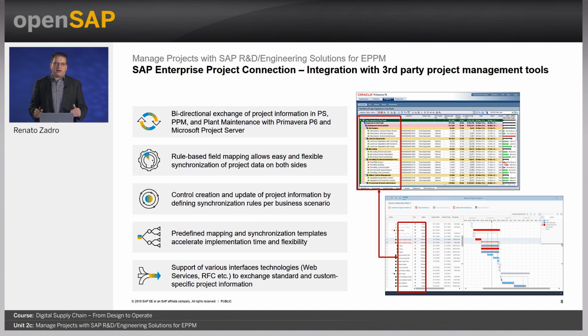It comes with predefined mapping rules, and it also includes intelligent business rules which help you to control how project information is aggregated from lower levels to the higher levels. This especially avoids flooding the SAP system with large amounts of micro tasks when importing data from the third-party tool into SAP.